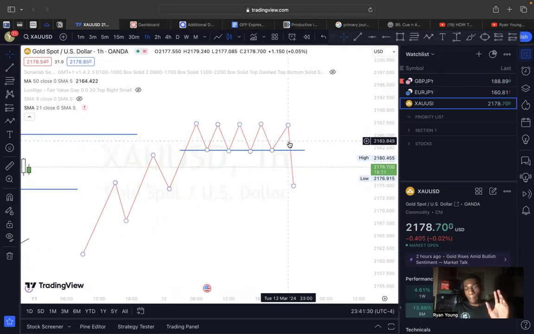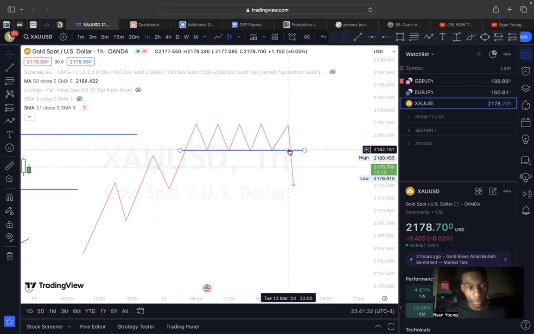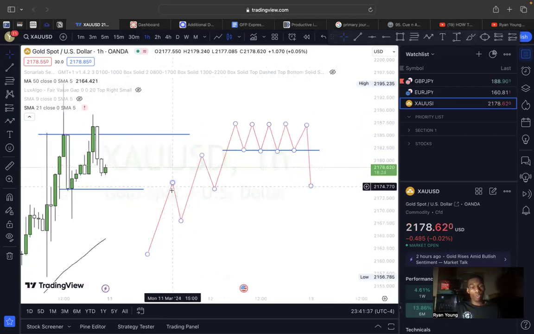But keep in mind, bearish at that particular time. Because, and why I say that is because look at this, the overall market is bullish, right?